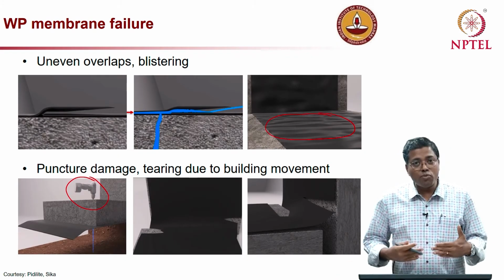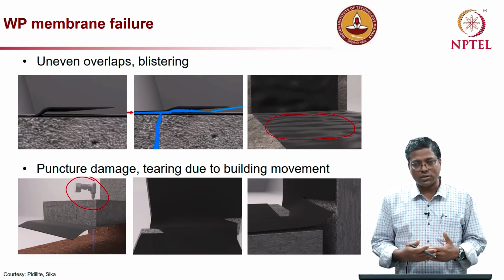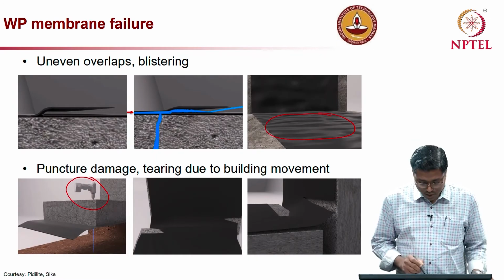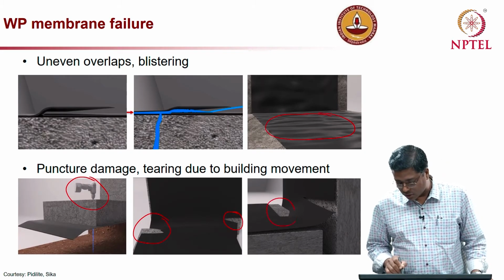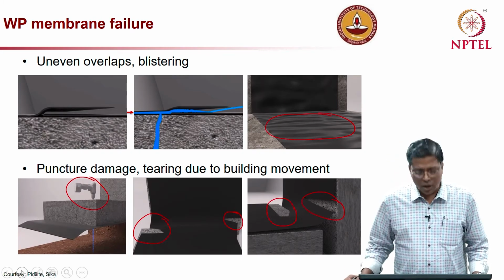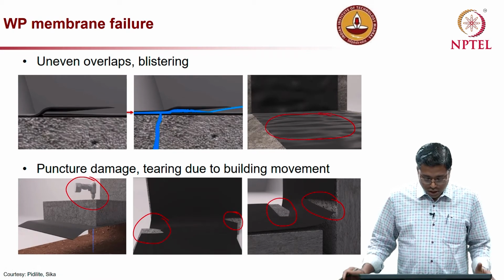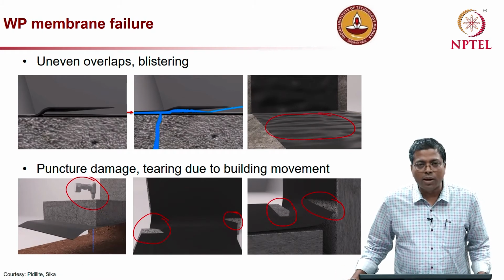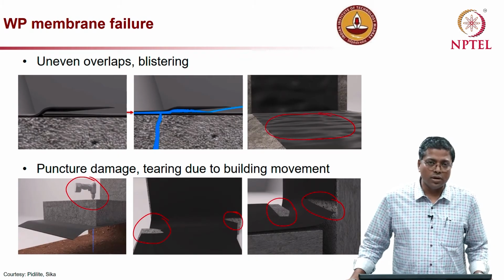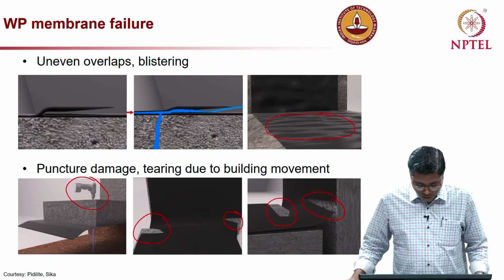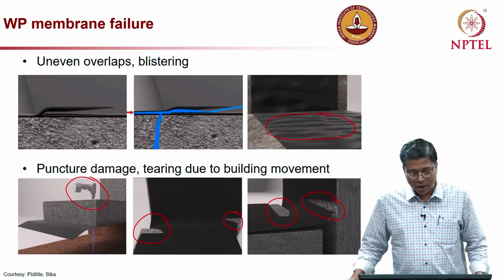And also if there are movements of concrete elements, adjacent elements, it can lead to tearing of the membranes, as you see in the pictures here at the bottom right. So, nowadays there are membranes which come with very good elongation before they actually tear.